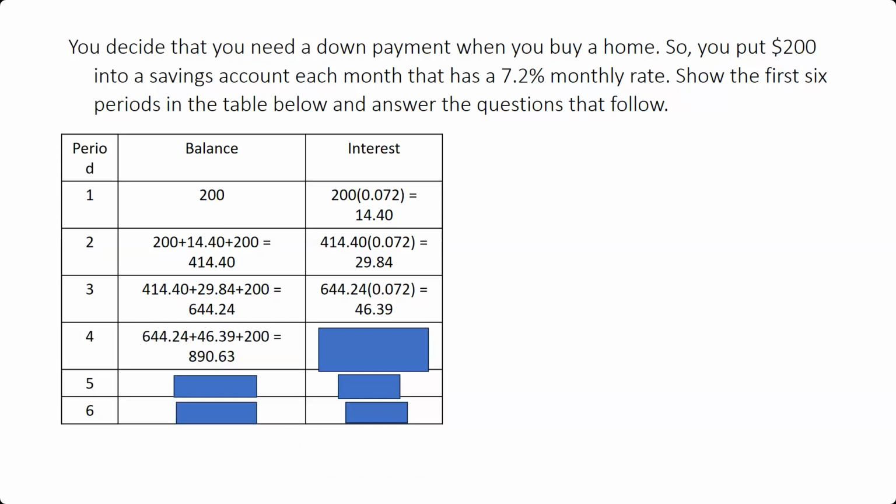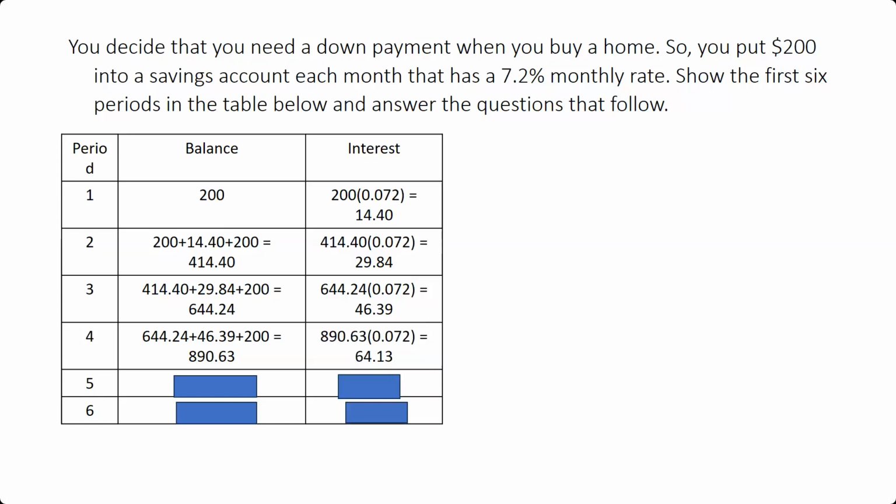And how much interest? Anyone? $64.13. Yep, 64.13. Because we take that 890, multiply times the rate, which is 7.2%, and we get $64.13. Is that what everyone got?